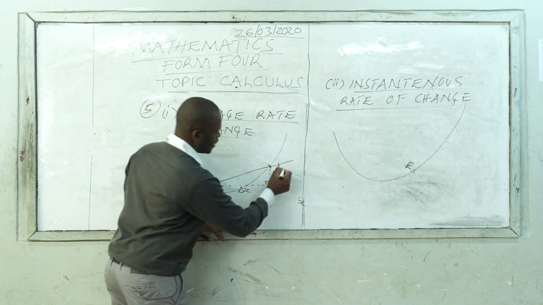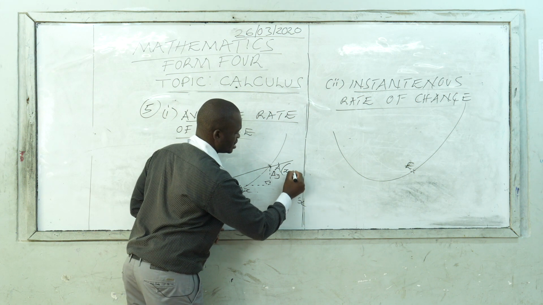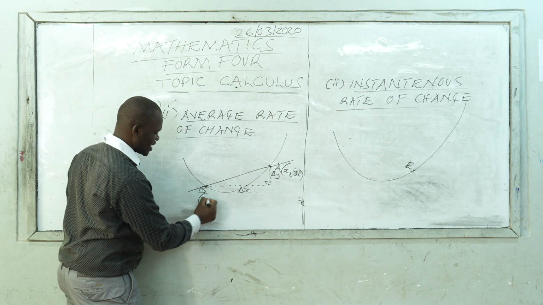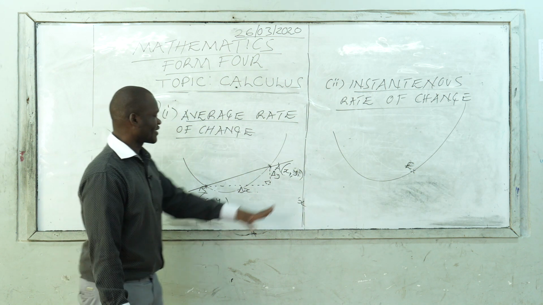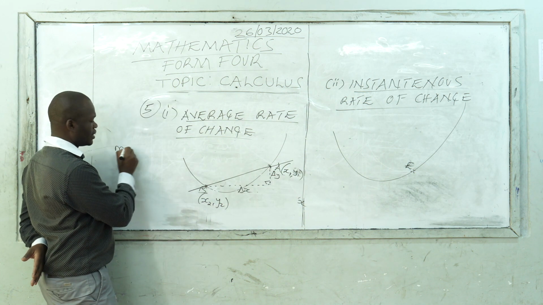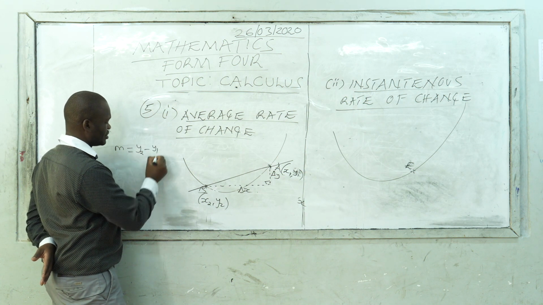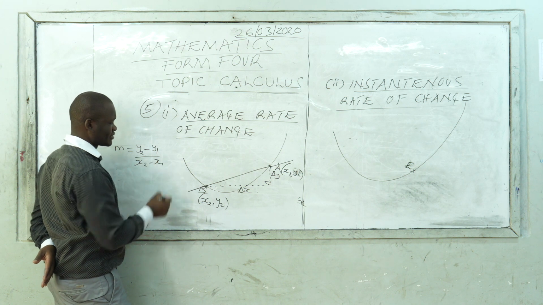Let's assume for point A, the coordinates are x1, y1. Coordinates of B are given by x2, y2. So for this curve, the average rate of change will be y2 minus y1 over x2 minus x1.